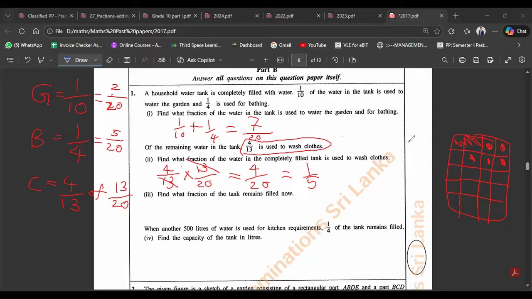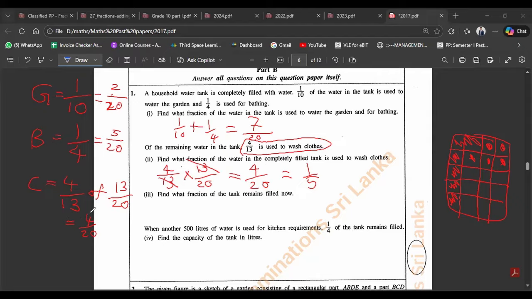So now tell me from the total how much they have used for washing clothes. For washing clothes, they have used 4 over 20 or 1 over 5. So we'll put 4 pieces for that also. 1, 2, 3, 4. Now tell me, what is the total amount they have used altogether? For gardening, 2 over 20. For bathing, 5 over 20.